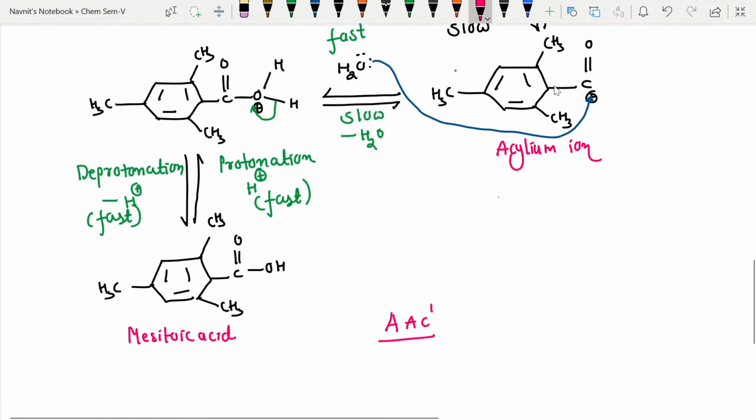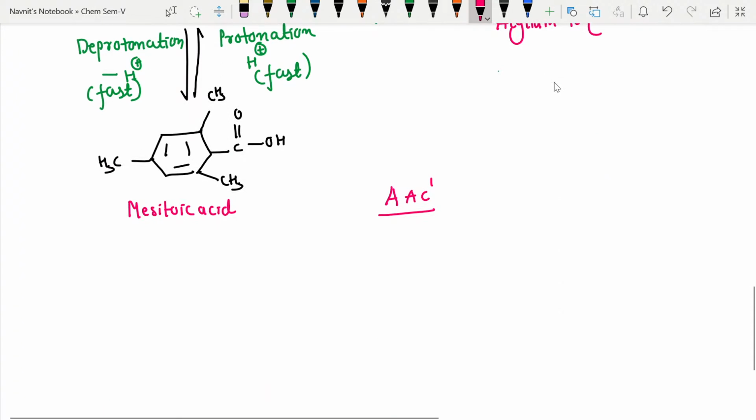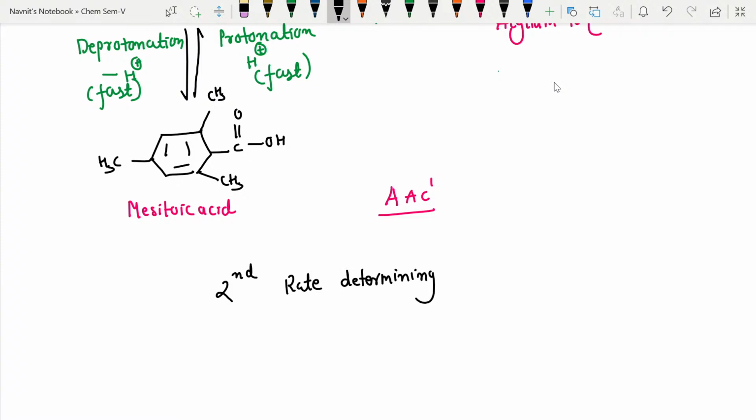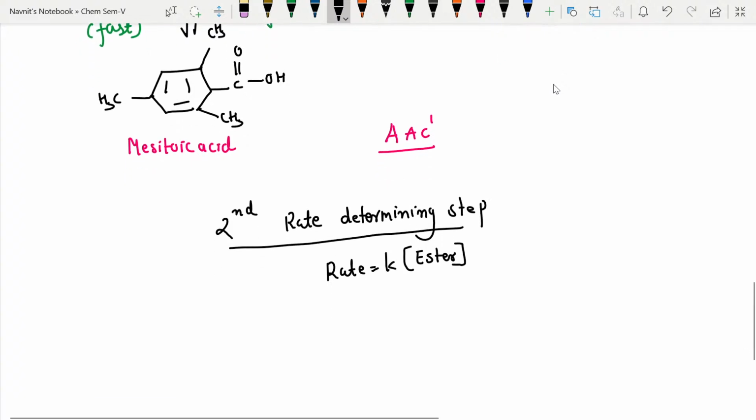Okay, and in both of these mechanisms, the second step is the rate determining step. Rate determining step means the rate of the reaction depends on the concentration of only the ester.